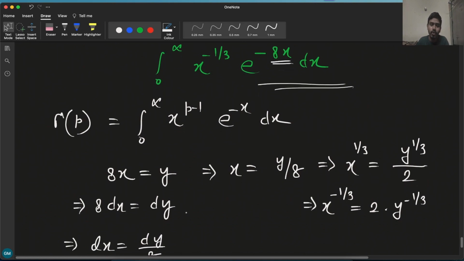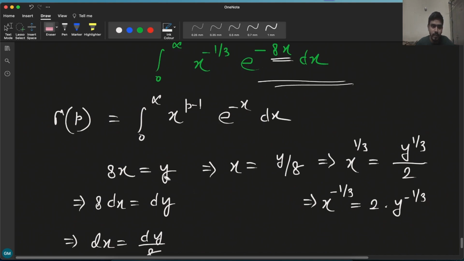and the limit will be the same, because if I put x equals 0, then y will be 0, and if x tends to infinity, then y will also tend to infinity. So the limit will be the same.